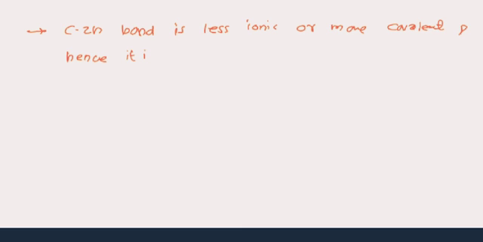So the carbon-zinc bond is less ionic or more covalent in nature, and hence it is less reactive. And that's why it is a more selective type of organometallic compound.